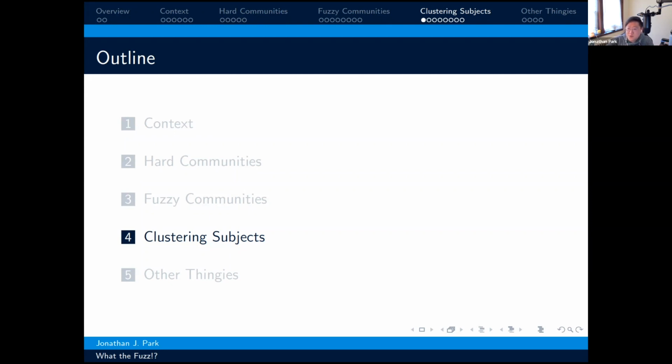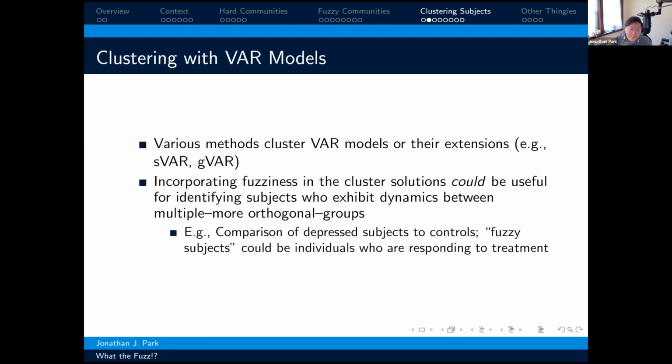So this is really similar, as Tim brought up. Alternating least squares VAR, and there's a ton of other methods that basically allow us to cluster people's dynamics over time. And so clustering with VAR happens, and also with its extensions or transformations. So structural VAR and graphical VAR are the ones that I've worked with. So those are the examples that I've added.